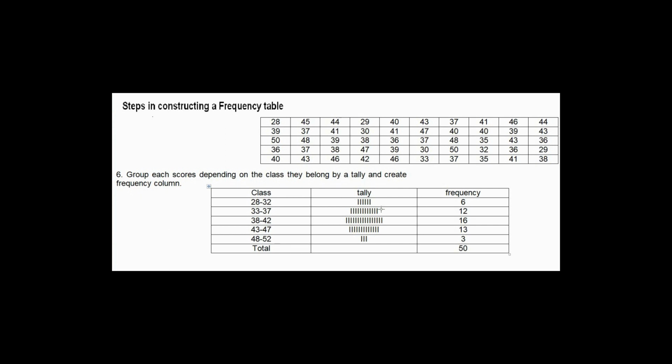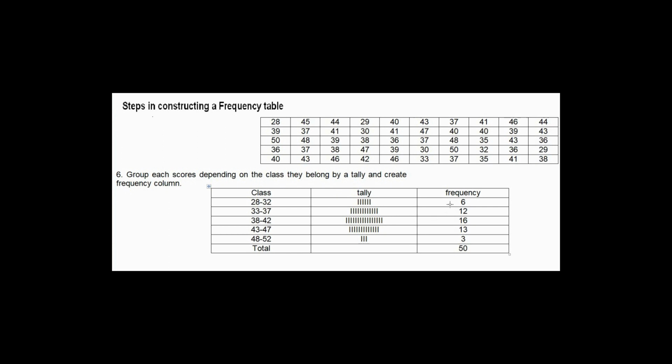After you are done tallying, there might be some errors, but it's normal. Sometimes the tally is not equal to the total data. All in all, you should have a population of 50, so you should also have 50 in total.